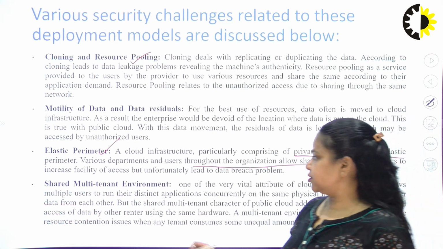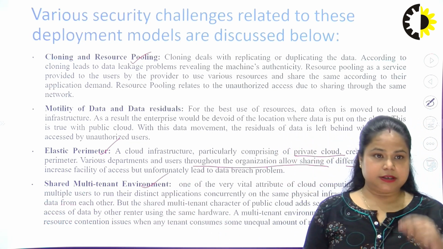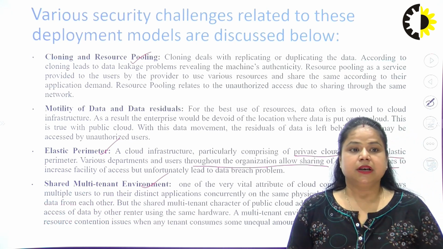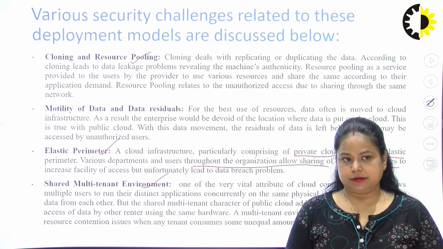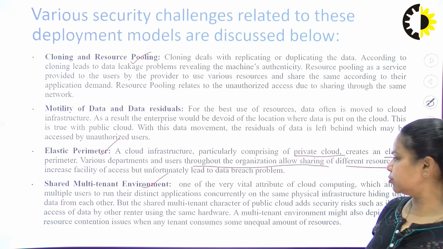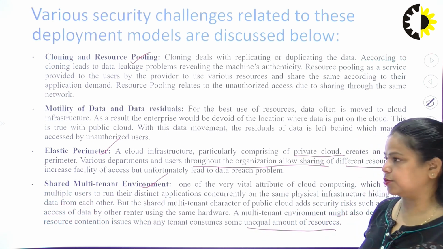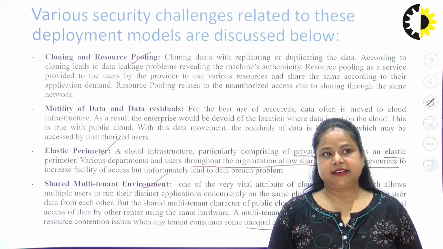The next is the shared multi-tenant environment. In a multi-tenant environment, n number of tenants can be available, and all the consumers are not able to access all the resources in an equal amount, right? So we can say we are talking about a shared multi-tenant environment.